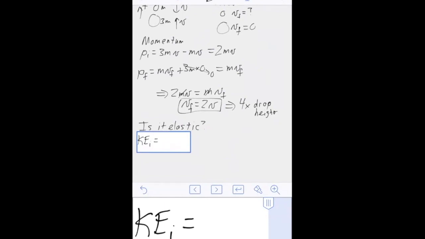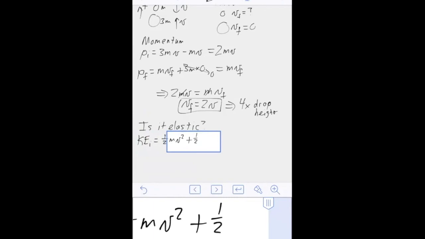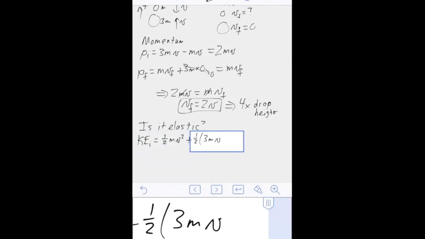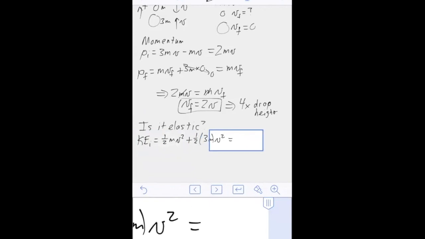For the small ball, that's 1/2 mv squared, and for the larger ball, that's 1/2 times 3m times v squared. So 1/2 plus 3/2 is 2/2, which is 2mv squared.